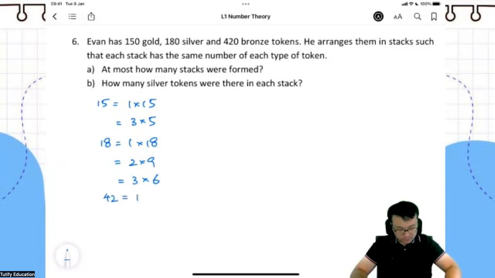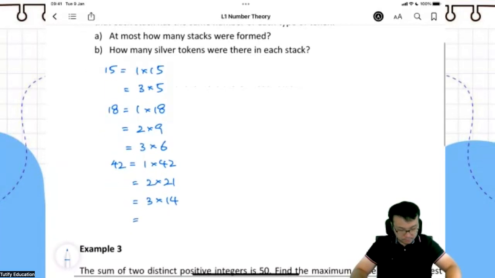Good. 1 times 42, 2 times 21, 3 times 14, 4 times 13, 6 times 7. Okay, 4 times 13 is 52, so 6 times 7 is 42. Very good. So do you notice that the workings that I'm doing are so much shorter?